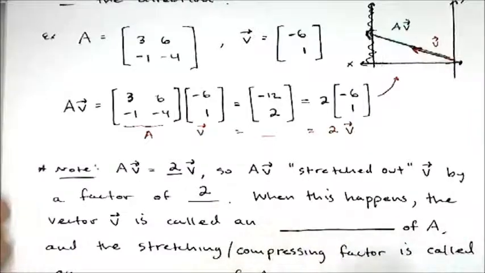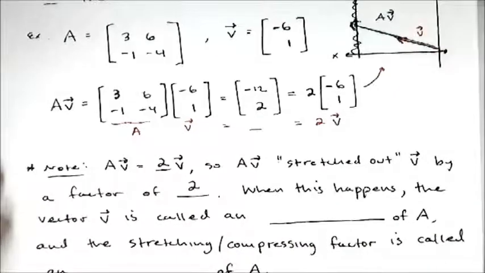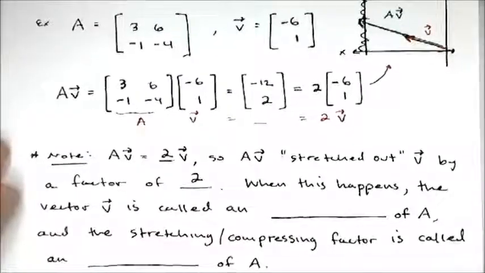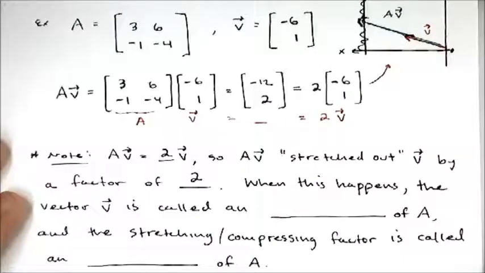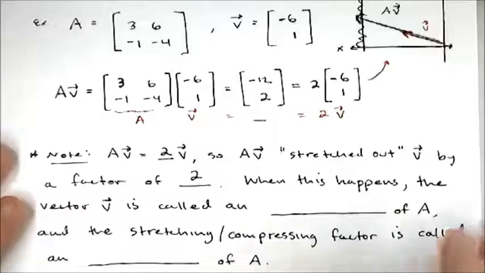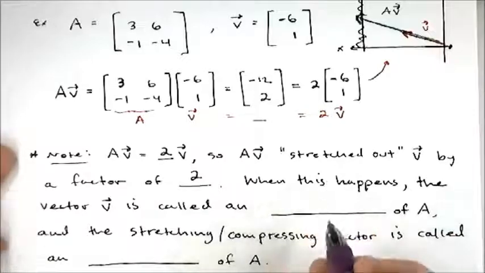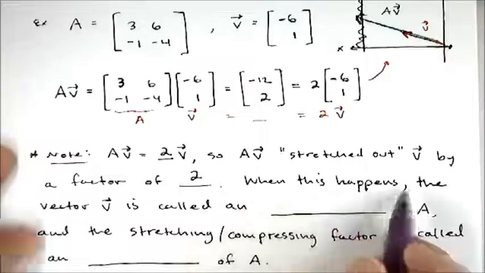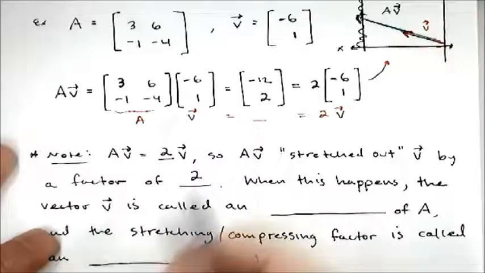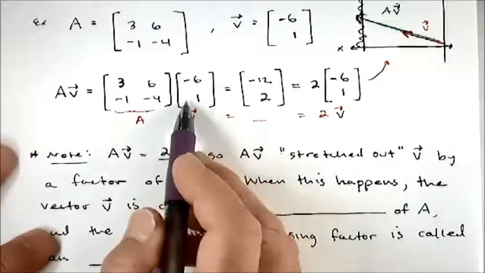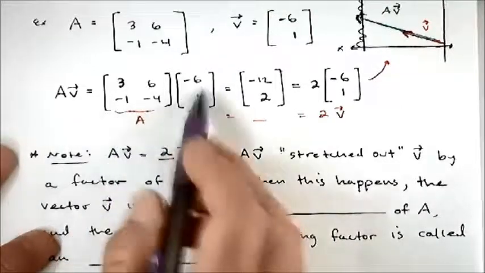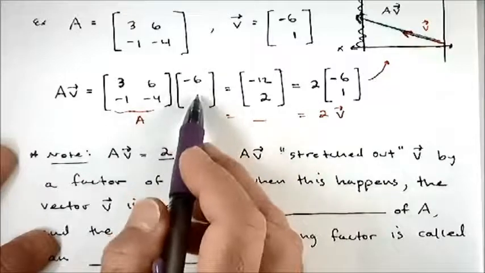And when this situation happens, it turns out this is the one we're really interested in. This is the situation that's going to have lots of uses for us going forward, both in the end of this class and also in 17C. When this happens, the vector V, so this doesn't work just for any old vector. If I took matrix A times some different vector, that's not necessarily going to happen.